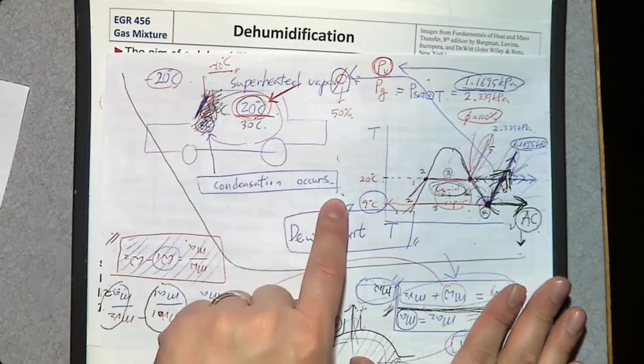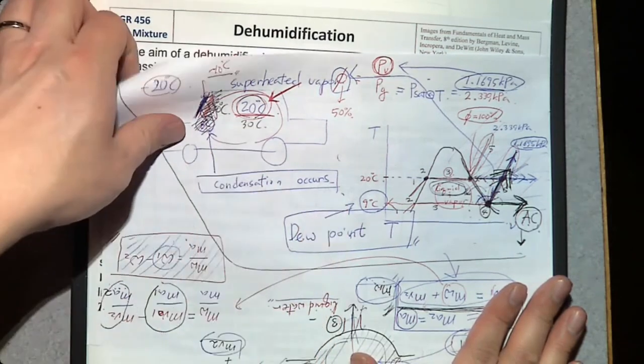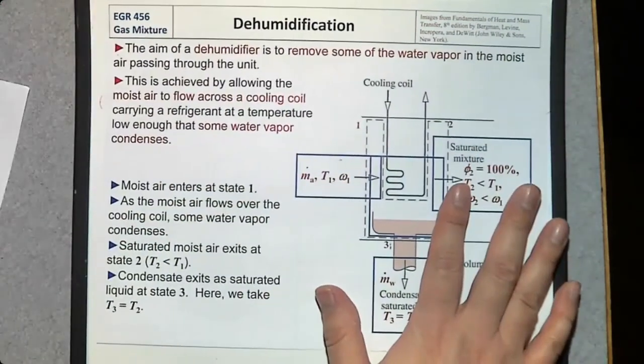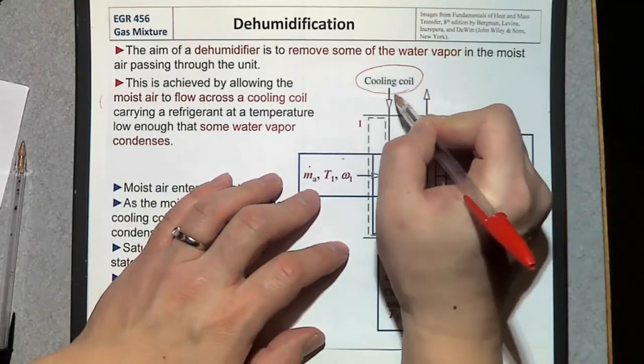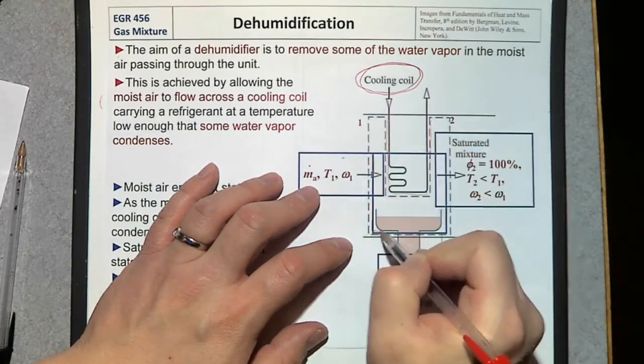That's when condensation occurs. So to remove water from moist air, we need to decrease the temperature. So in this example, we have a cooling system. A cooling coil is connected to this dehumidifier.